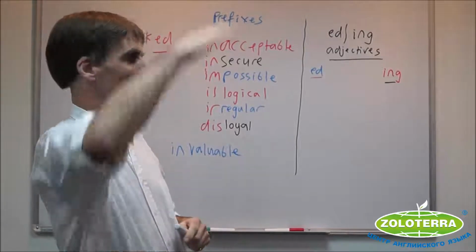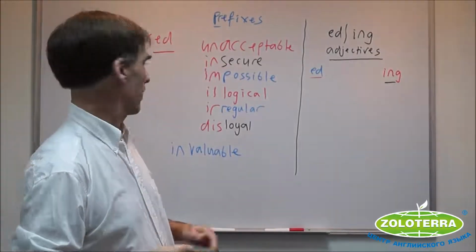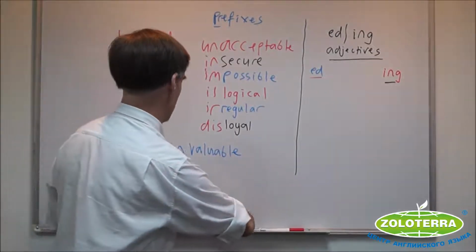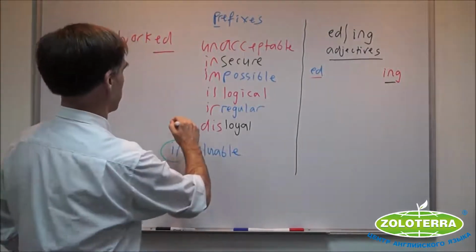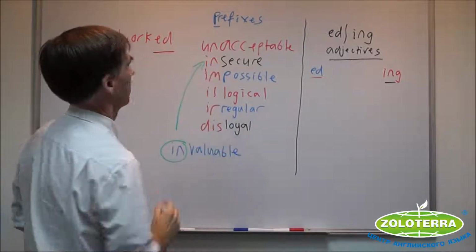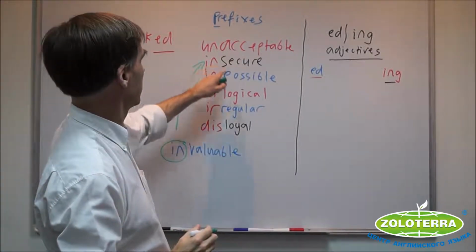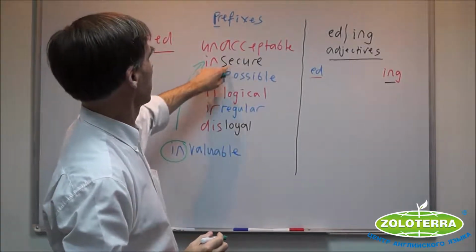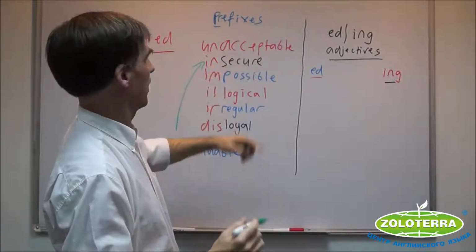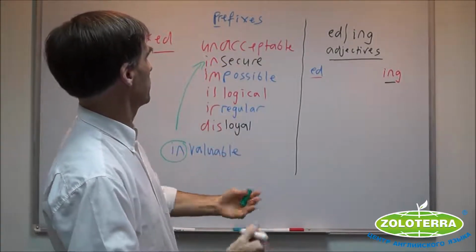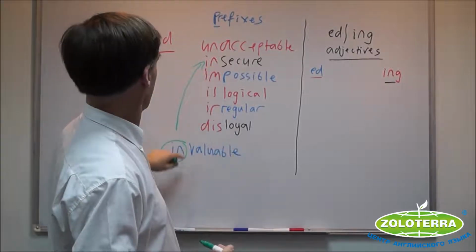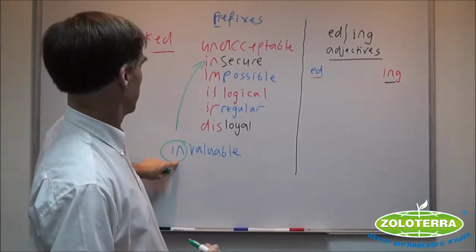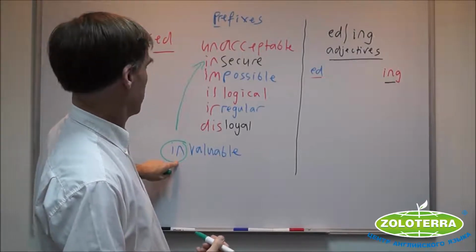The value that we put to something is high. So this is an example of in, but it doesn't have the same meaning as this, which means negative. If we are secure, we have an arrangement or a position where we are safe. Negative, insecure, this is not a negative adjective. It's completely different.